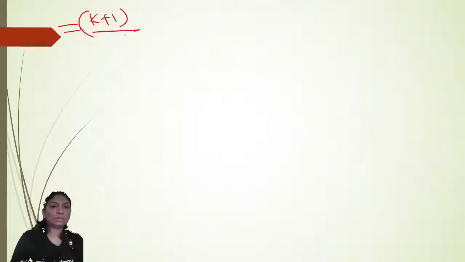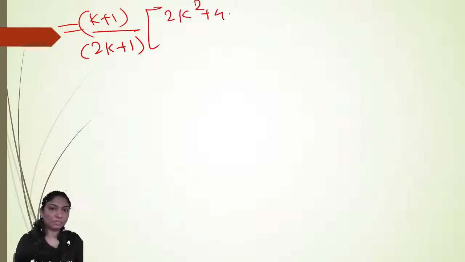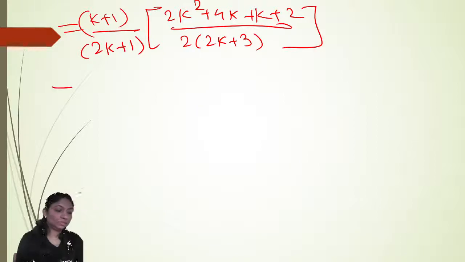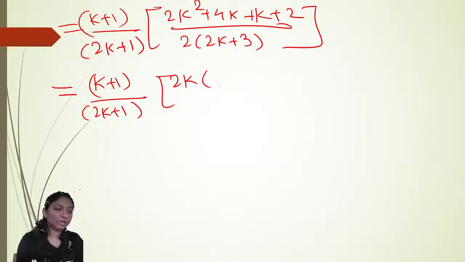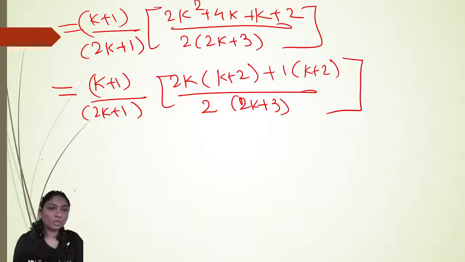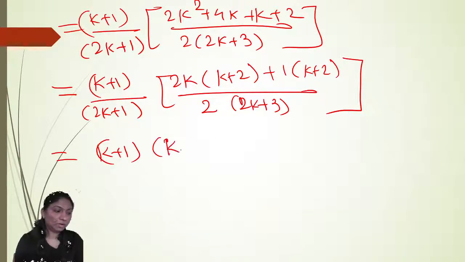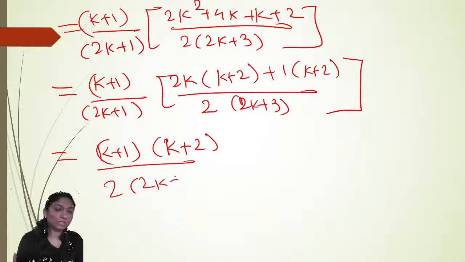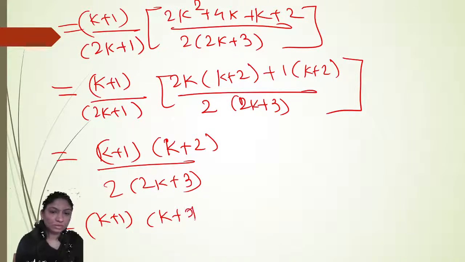Factorize it, we get (k plus 1) upon (2k plus 1) into (2k square plus 4k plus k plus 2) upon 2 into (2k plus 3), equal to (k plus 1) upon (2k plus 1) into [2k into (k plus 2) plus 1 into (k plus 2)] upon 2 into (2k plus 3), equal to (k plus 1)(k plus 2) upon 2 into (2k plus 3), equal to (k plus 1)(k plus 1 plus 1) upon 2 into (2(k plus 1) plus 1).